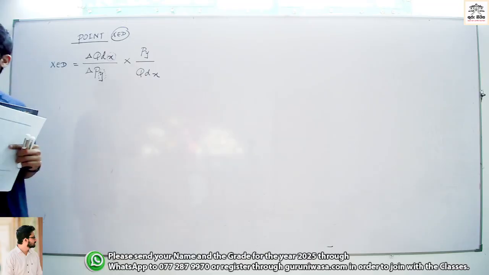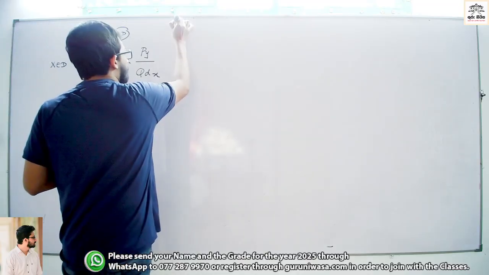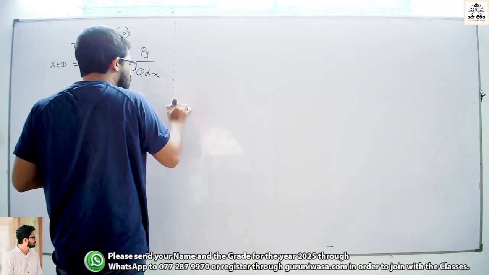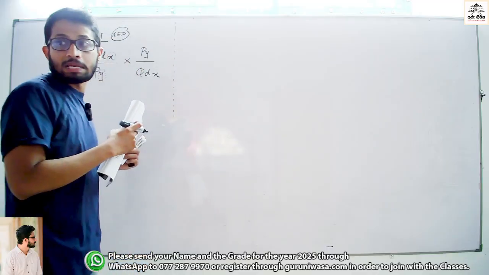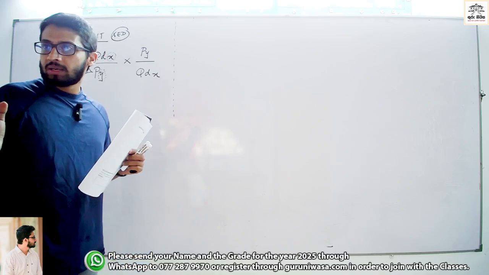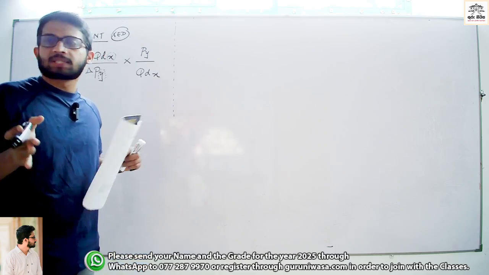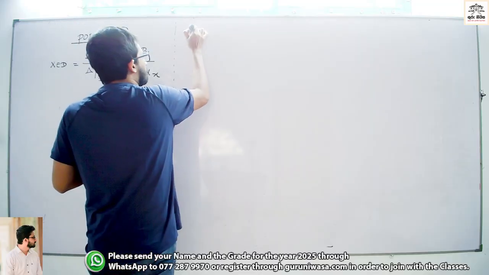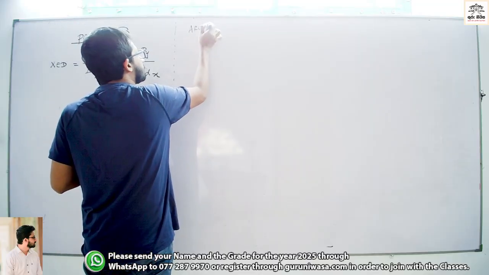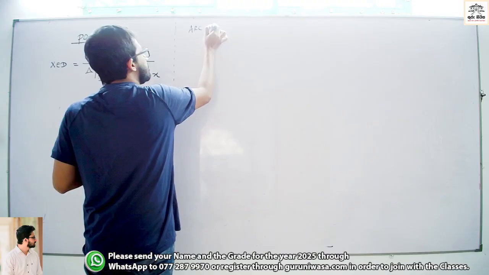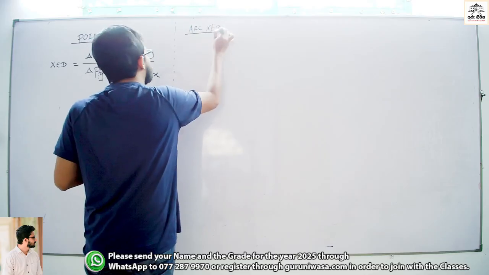Remember, arc means two points, so the average value needs to be taken into account between two points. Then arc XED, how to calculate?